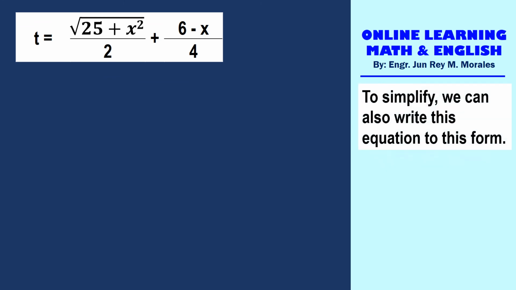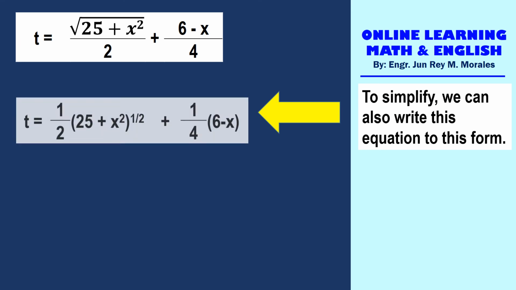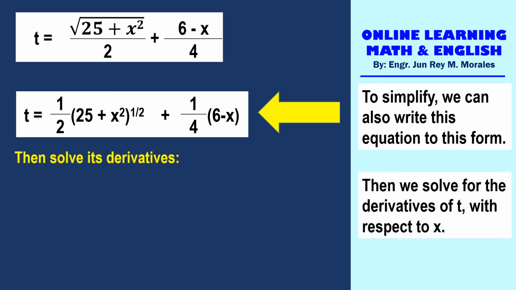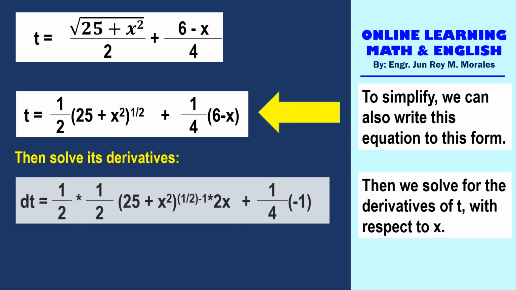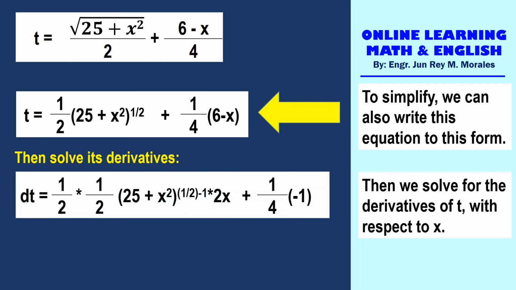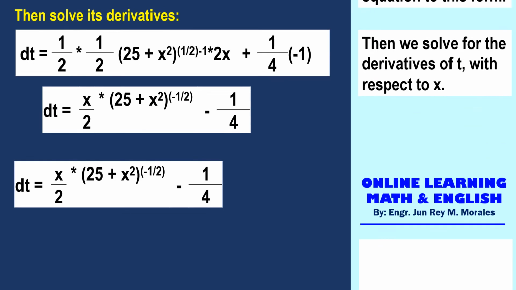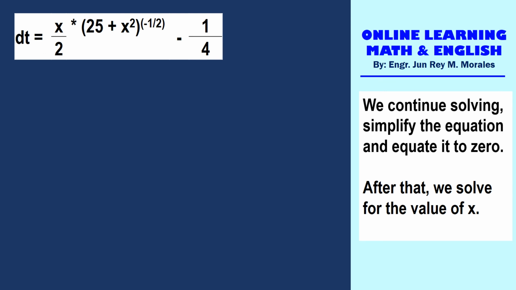To simplify, we can also write this equation to this form. Then we solve for the derivative of t with respect to x. We continue solving, simplify the equation, and equate it to 0. After that, we solve for the value of x.